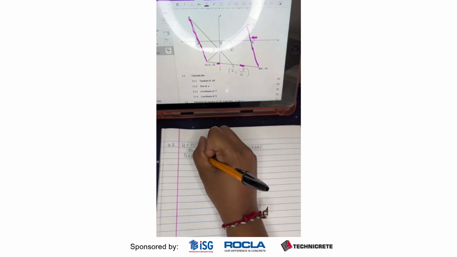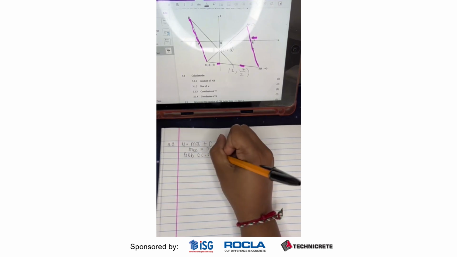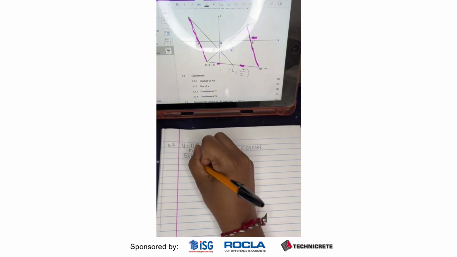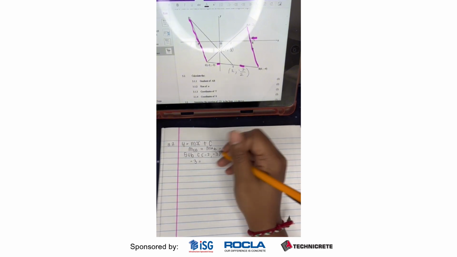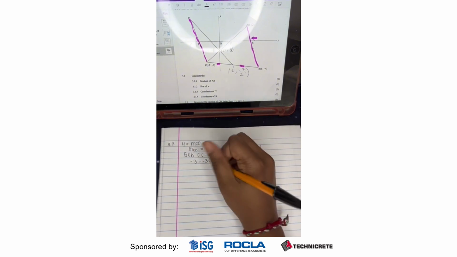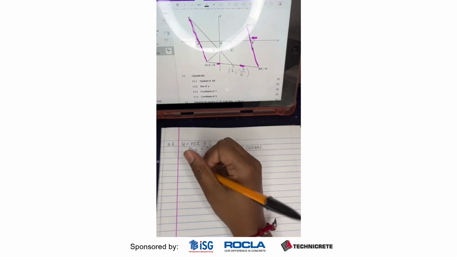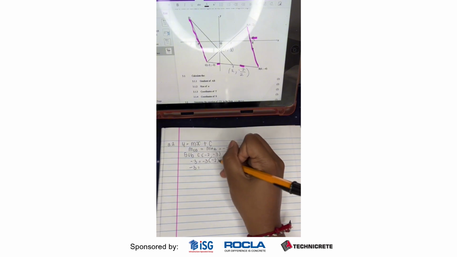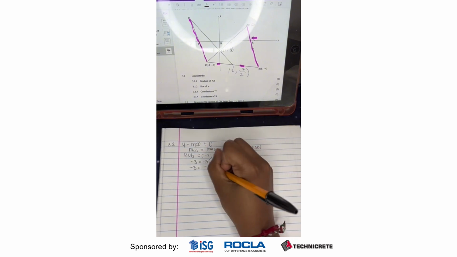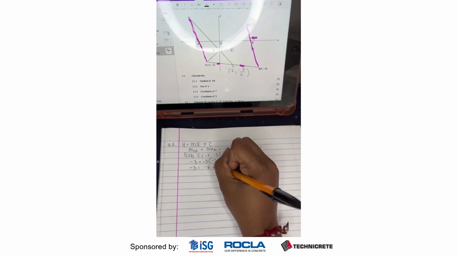Now that we have the gradient, it's fairly easy to find our y-intercept. We're going to substitute the values of C, which is (negative 2, negative 3). So negative 3 is equal to, my gradient is negative 3, my x value is negative 2, plus c. Negative 3 equals negative 2 times negative 3, which is negative 6, plus c.